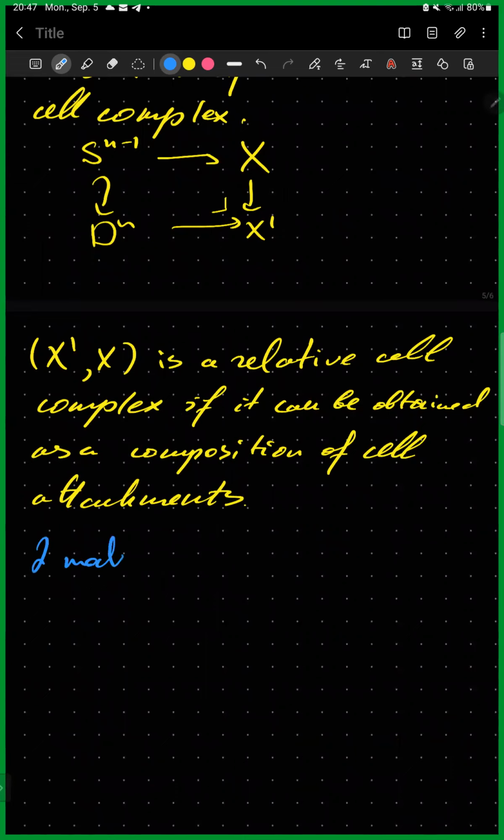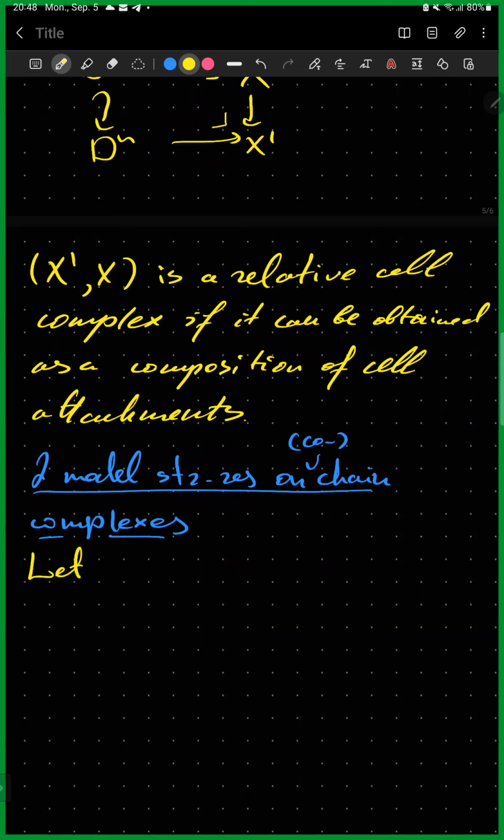For simplicity, let A be as before the category of R-modules, and consider the category of non-negatively graded chain complexes.